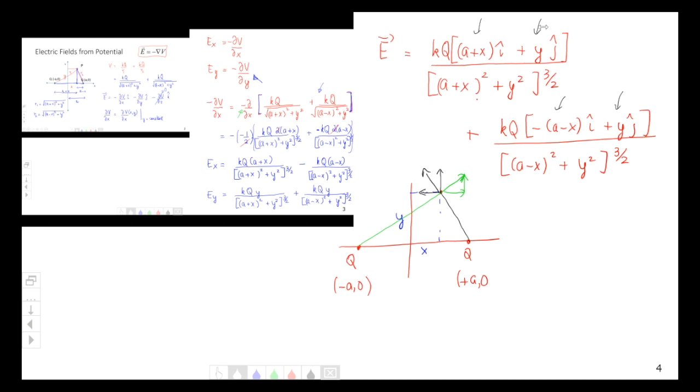The y components of both these charges are identical. The x components, however, are different because the charge on the right is closer, so it would have a larger x component.